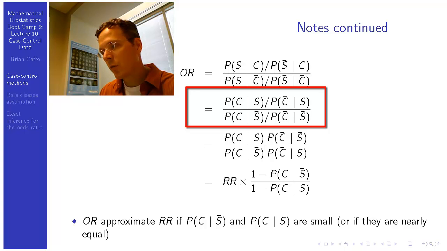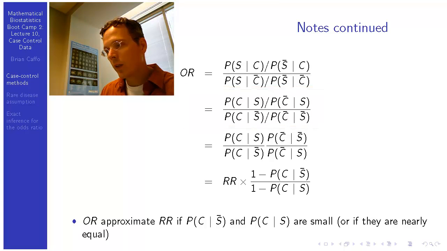Using the argument from the other page. So now we have probability of case given smoker divided by probability of non-case given smoker, divided by probability of case given non-smoker divided by probability of non-case given non-smoker.